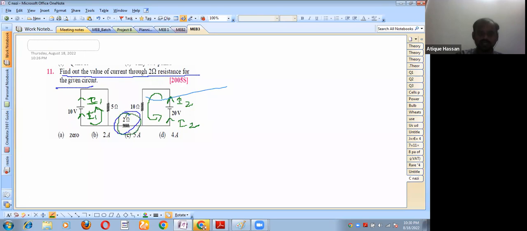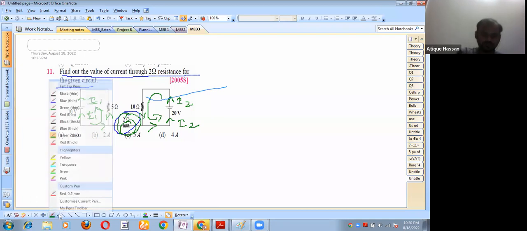So will there be any current through this? Whatever current is coming from here, it will go like this. And whatever current is coming from this side, it will go this side. So will there be any current through 2 ohm? Understood my point?